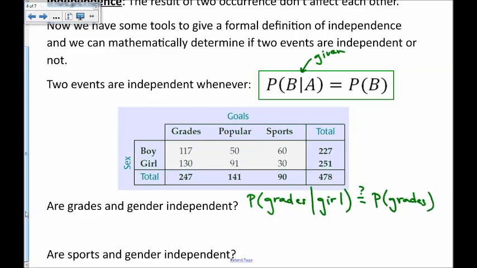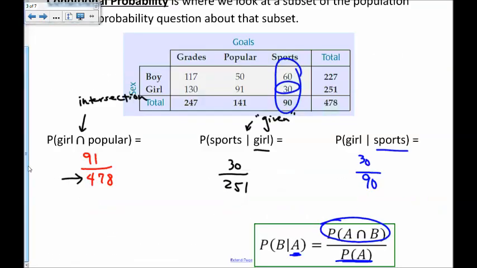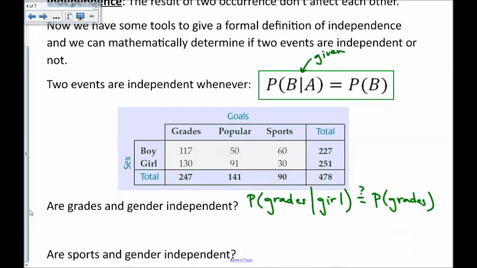I compute this using the formula we just talked about. Grades and girl is 130 divided by girl, which is 251. Is that roughly equal to just grades?